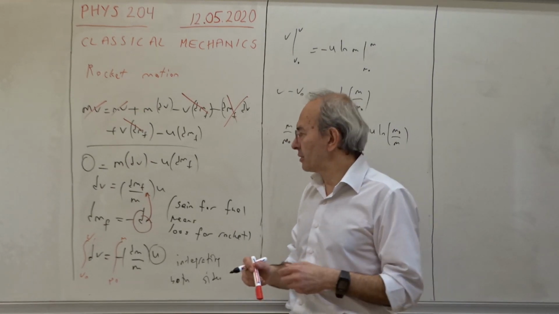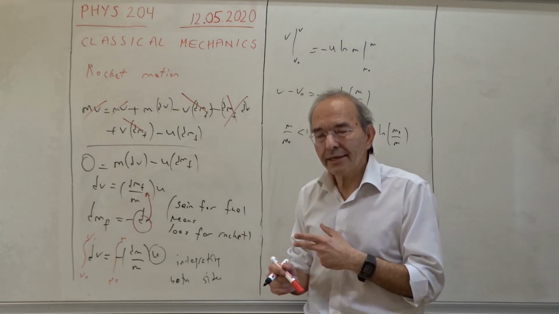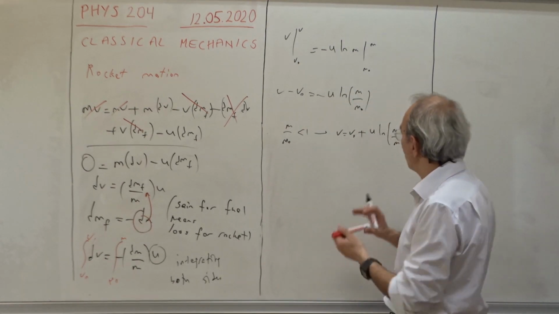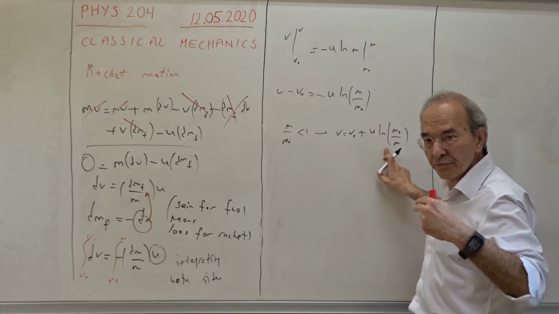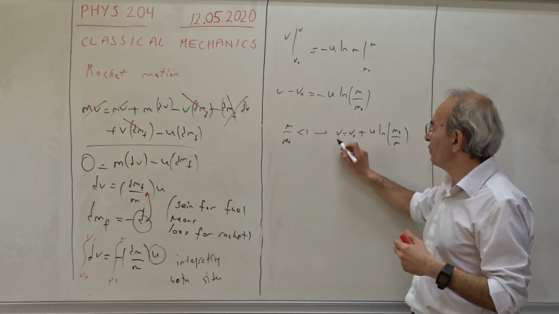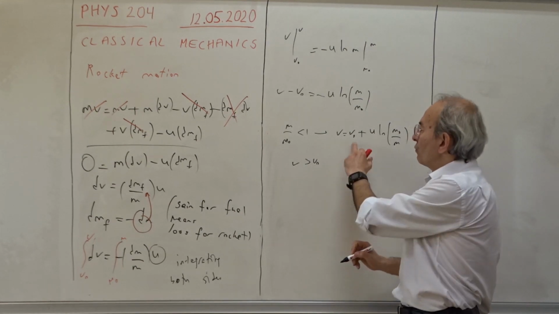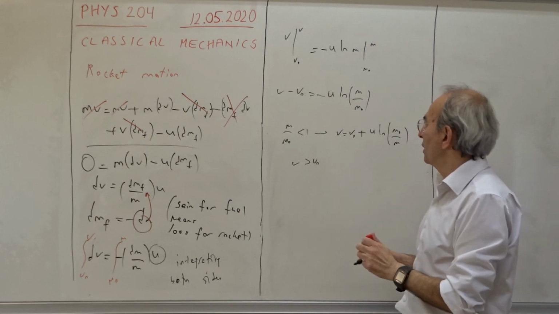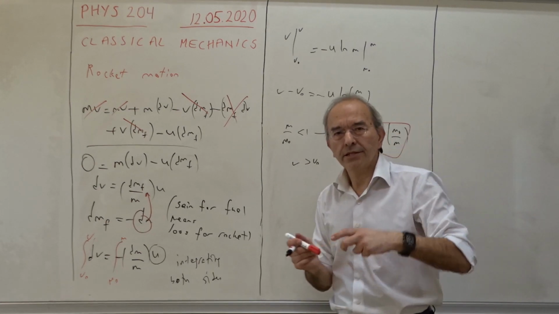So as time goes on, new fuels are sent back so that the remaining mass is of course less than m0. So this fraction is greater than 1. ln of something greater than 1 is positive. So we understand that v is greater than v0 because we have to add something in this equation to v0, and v becomes the speed at the time t later.